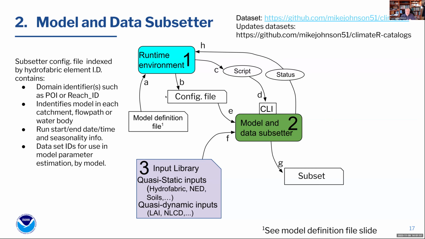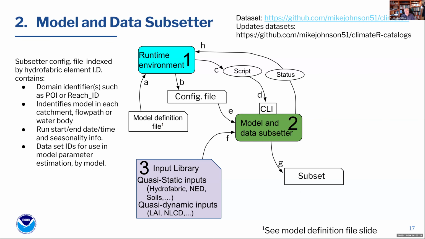The runtime environment reads the model definition file. It writes a configuration file. It writes a script. Through the command line interface, it calls the model and data subsetter, which then reads and subsets the data from the input library to write the subset, and then it reports back that it's done. Sounds really simple, but there's a lot to it.